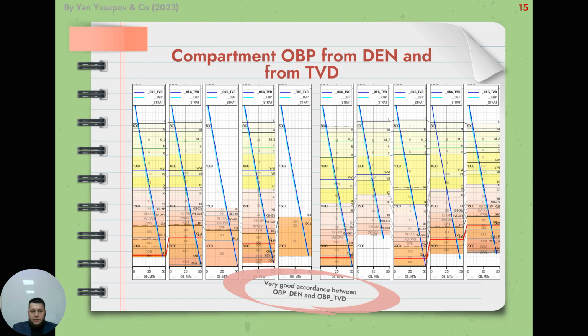This is a comparison of overburden pressure from density as an integral by depth and from true vertical depth. As you can see here, there is very good accordance between overburden pressure from density as an integral and overburden pressure from true vertical depth.